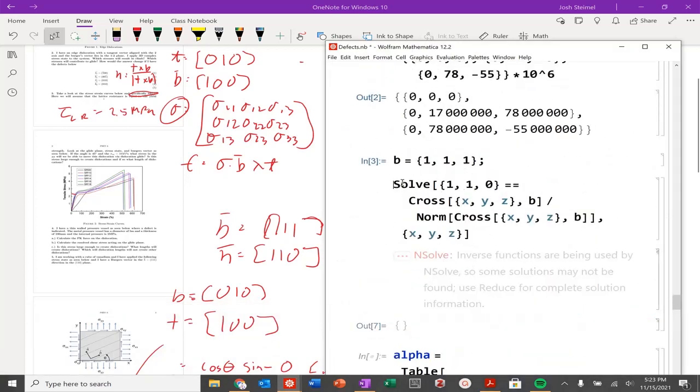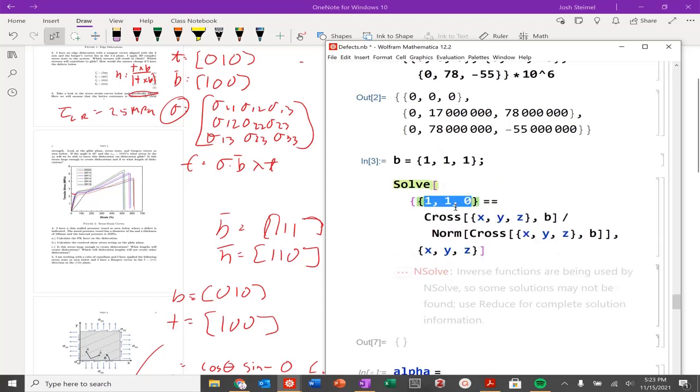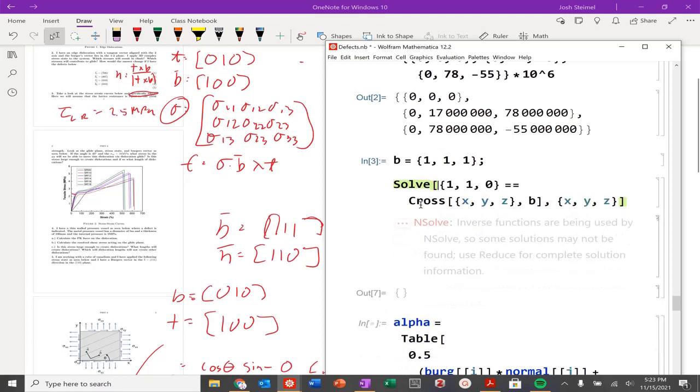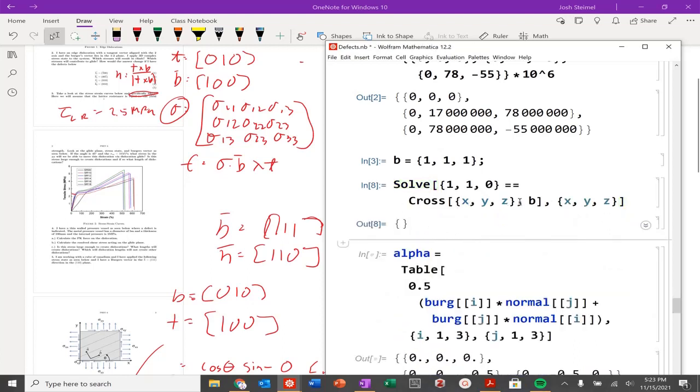We want a numerical solve. We could also say this is one expression, and this must be equal to this. Honestly, let's see if we can solve it first. Alright, so it still doesn't like that. Tangent vector.